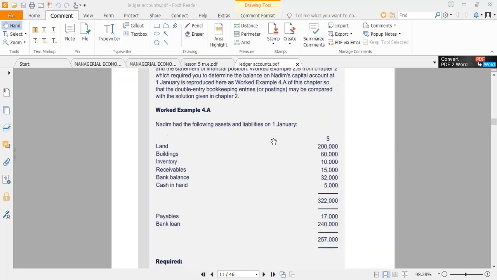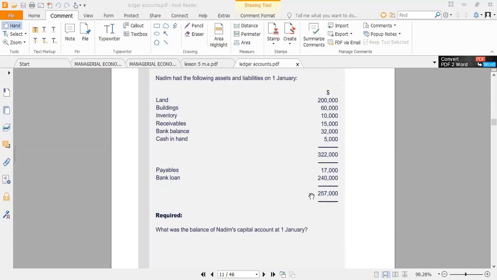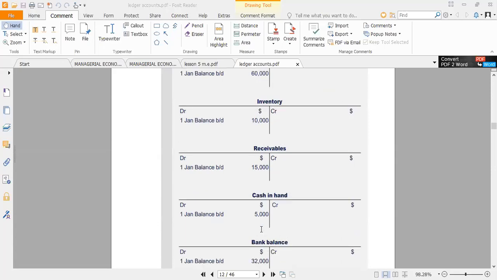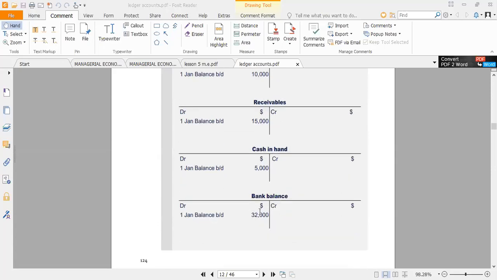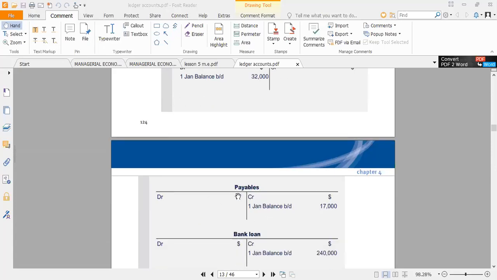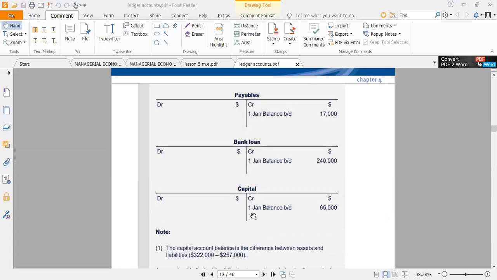All these assets in here have a debit balance, so we're going to put them here, until we have cash at hand and the balance at the bank. Payables are creditors, always have a credit balance.